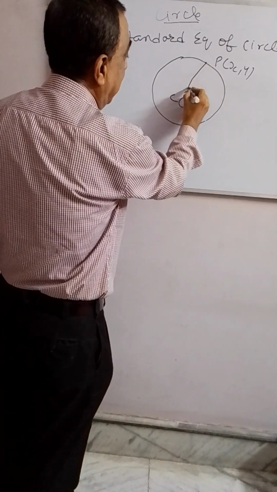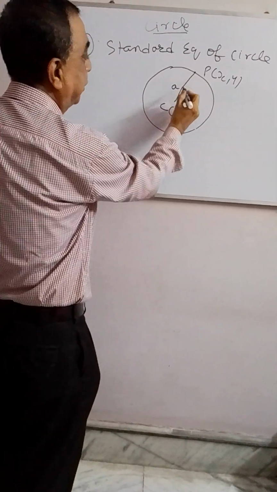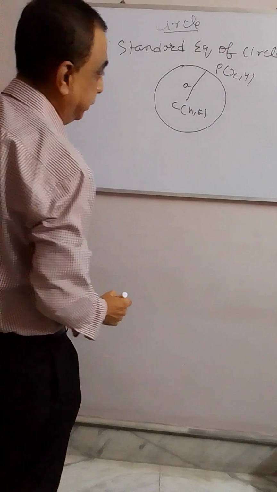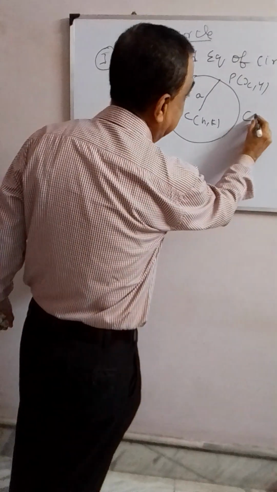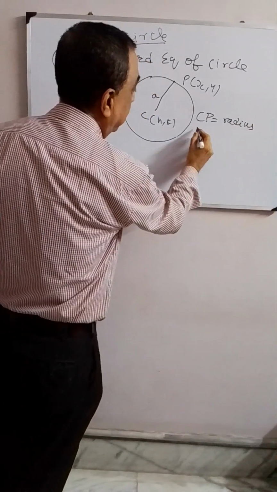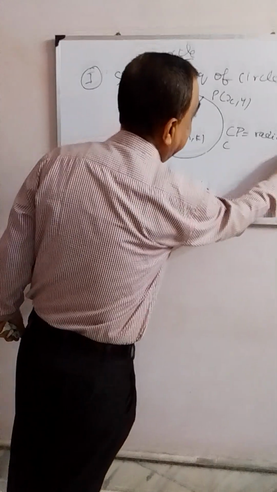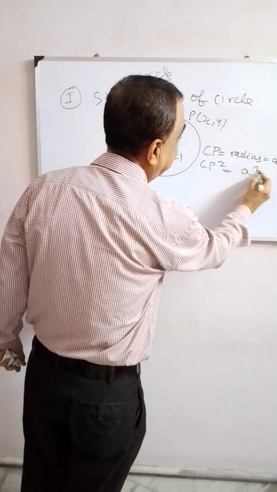According to the definition, CP is the radius of the circle and it is always constant. Here CP is equal to the radius of the circle, which is equal to a, and so CP squared will be a squared.